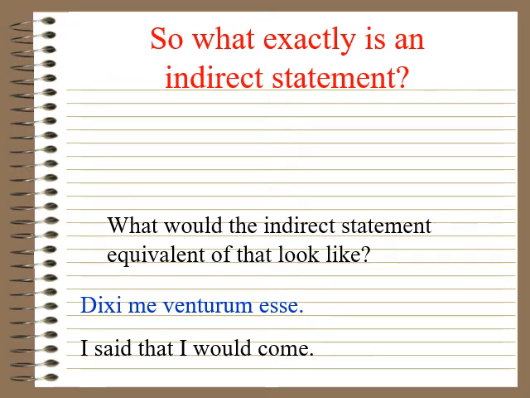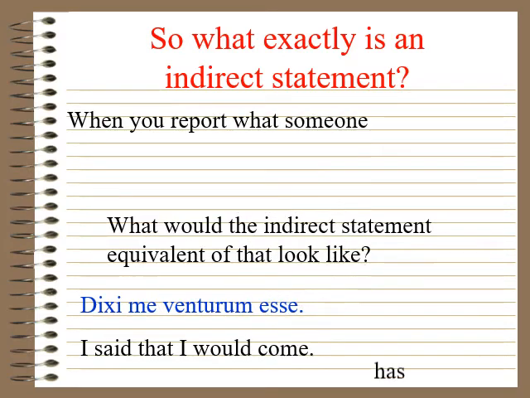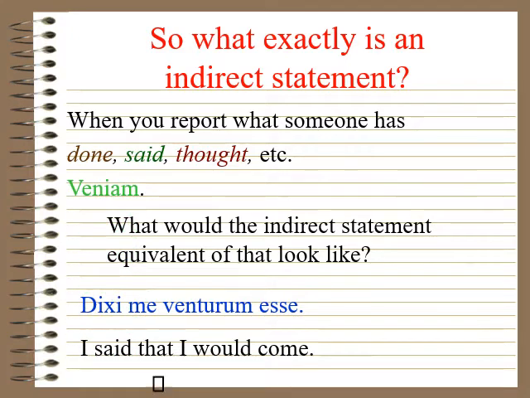So we're going to figure out what that means and how it looks. What exactly is an indirect statement? Well, if you've watched any TV shows or court things, it's like he said, she said. When somebody reports what somebody has done or said or thought or heard, that's an indirect statement. For example, let's say we have a regular statement, veniam, in Latin, I will come.